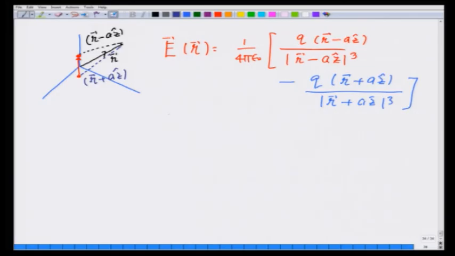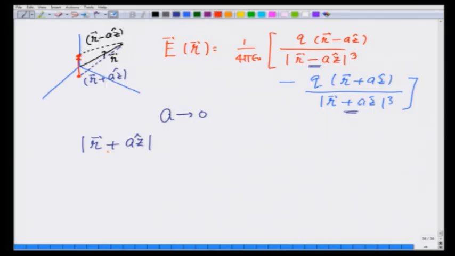Since we are already assuming that we are going to take the limit a going to 0, I can expand these 2 quantities in the denominator. So, let us write modulus of r plus or minus a z.